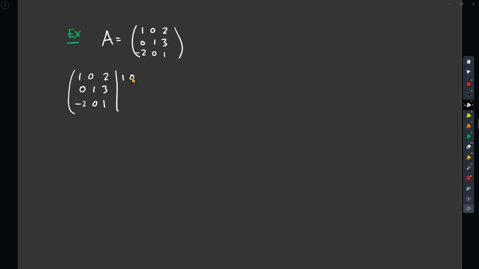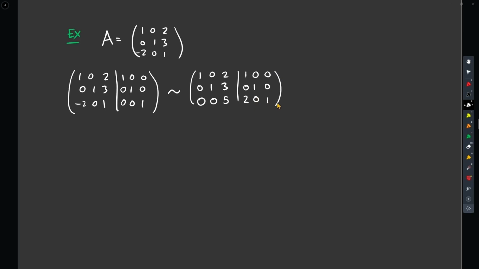And in the augmented columns, I'm going to super augment it with the identity matrix. This is row equivalent to, I already have a pivot of 1 there, so I'm going to leave it alone. Then I'm going to leave the second row the same and reduce the third row by adding twice the first row. Then I get 0, 0, 5, 2, 0, 1.